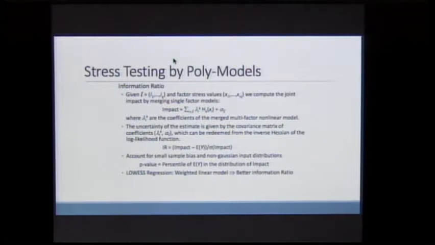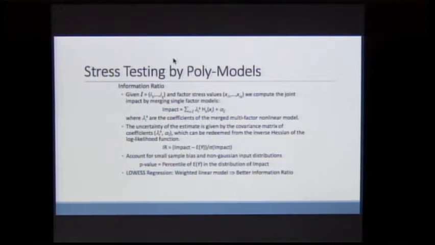Nicole made a comment to me, saying you use a Gaussian assumption. The idea here is, to measure the uncertainty on the impact, you have to measure the uncertainty on the calibration process that you are doing to get the impact. So essentially, it comes from the Fisher information matrix on the coefficients of the polymodel.